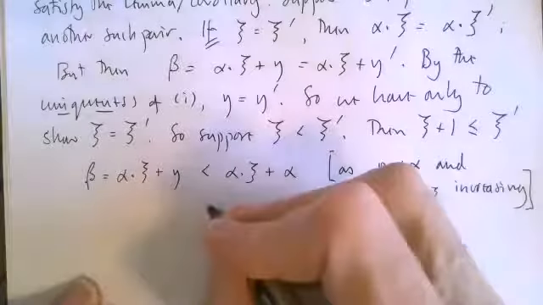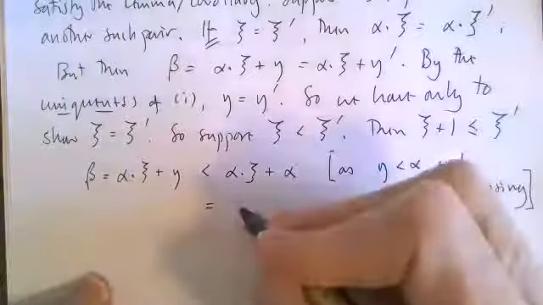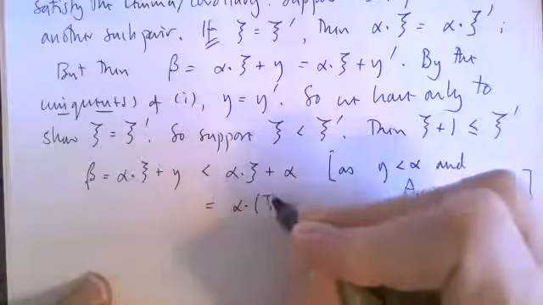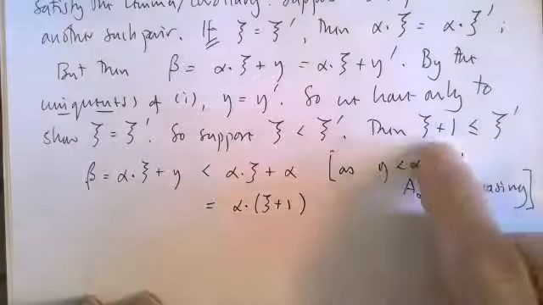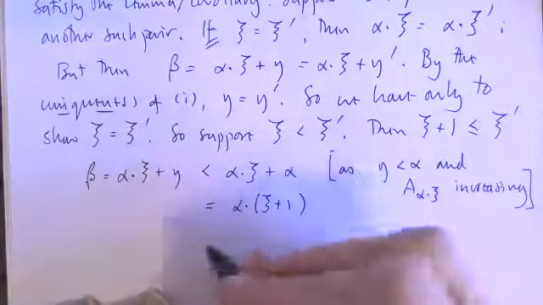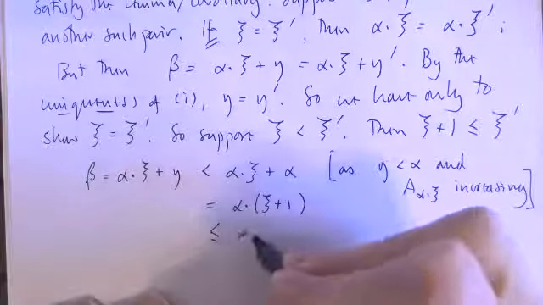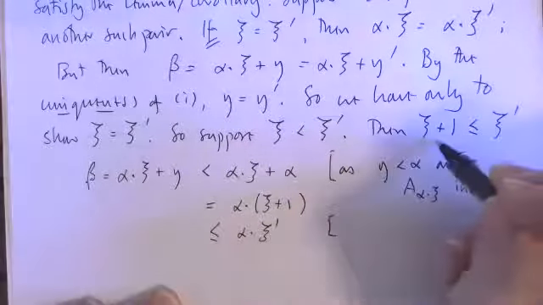But now I use some ordinal arithmetic and I say this is the same as alpha times xi plus 1 here. But xi plus 1 is less than or equal to xi prime. Again, I'm using this.